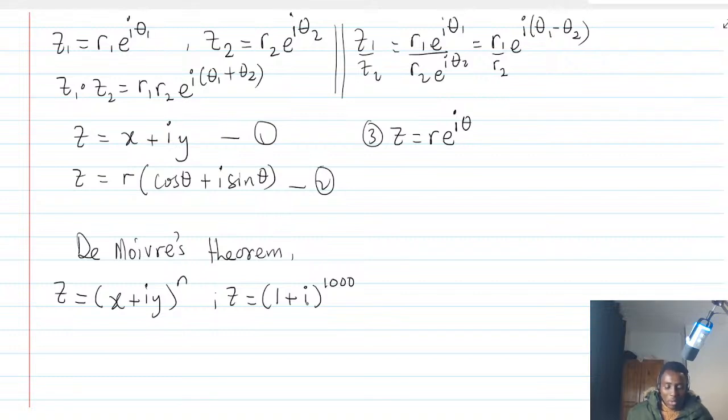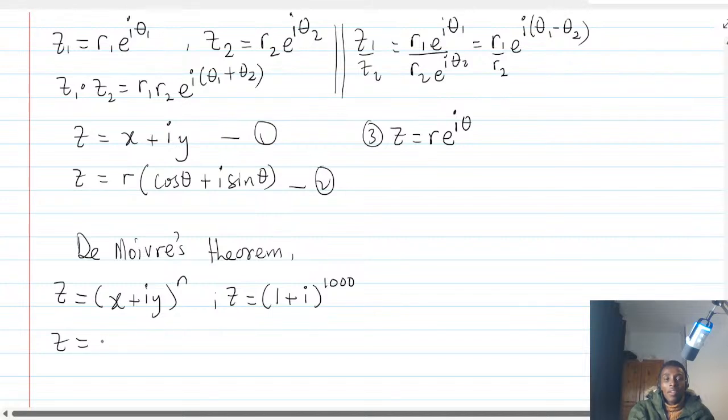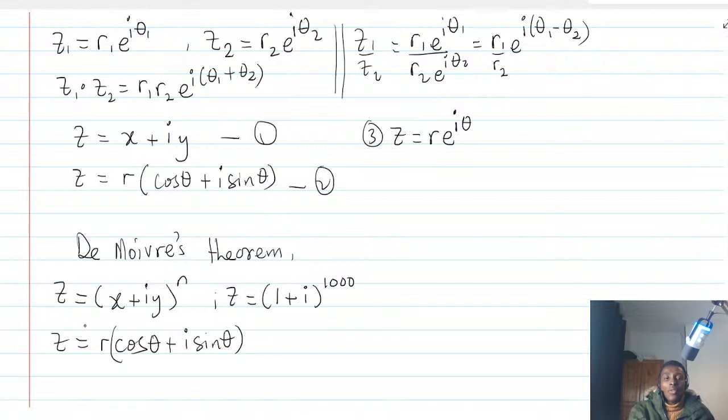The best way to go about this is to first express this complex number in the form r cos theta plus i sin theta. If you're able to do this, then raising the complex number to the power n is just raising it to the power n.